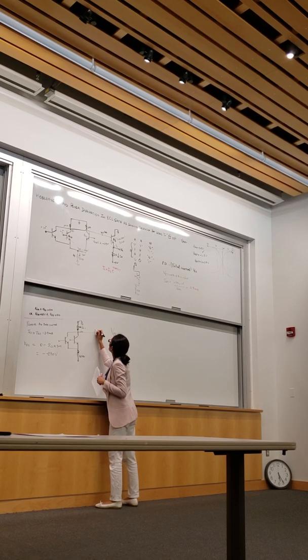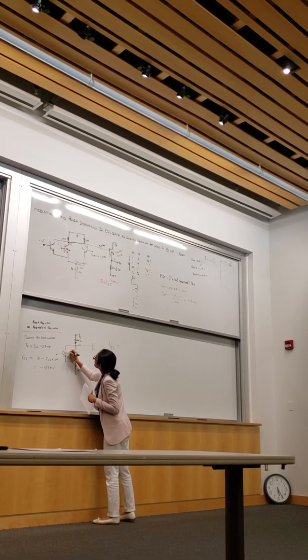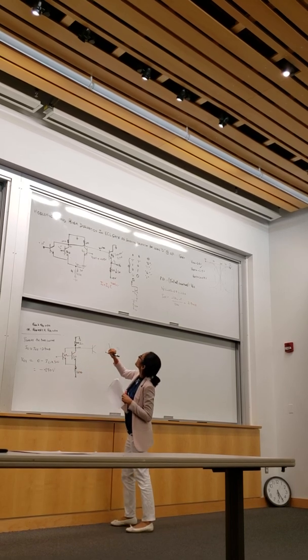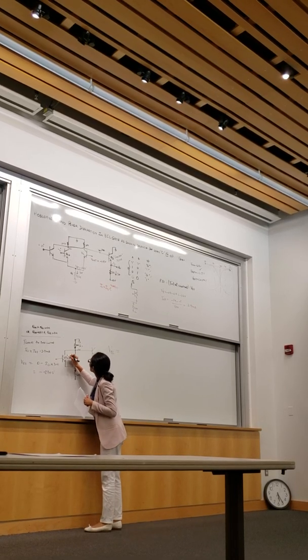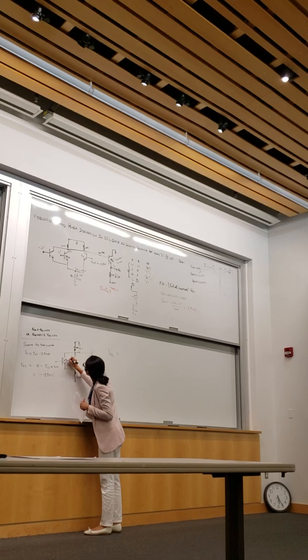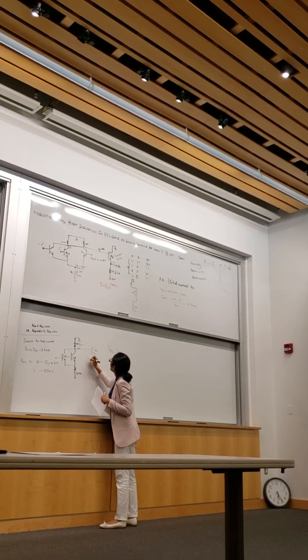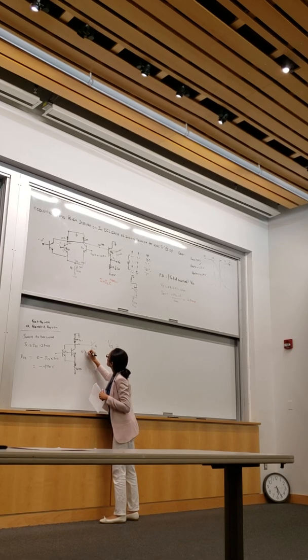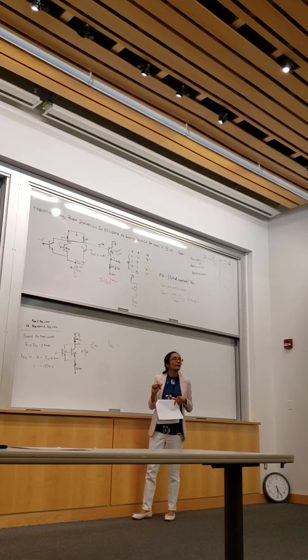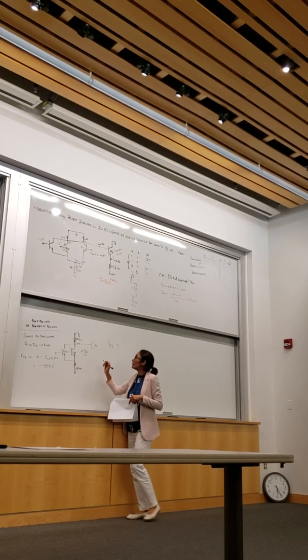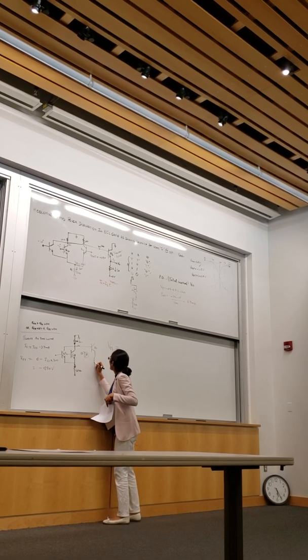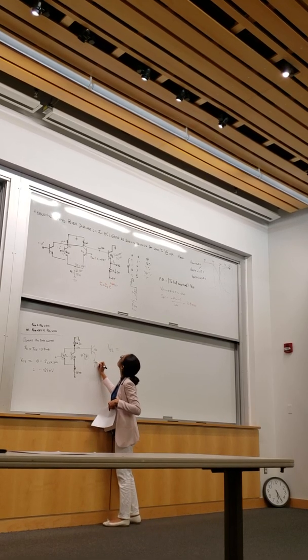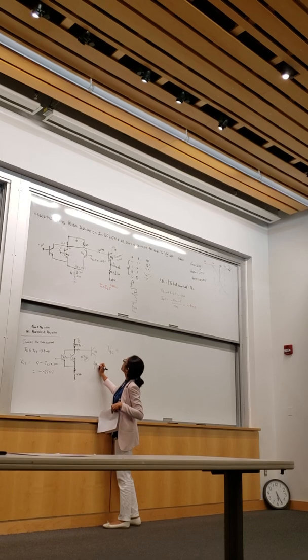So this goes to this Q1A, Q1B, if that's what I'm using. This is Q3, this guy is off, Q2. We don't have to worry about it. So here you have resistor 2K.